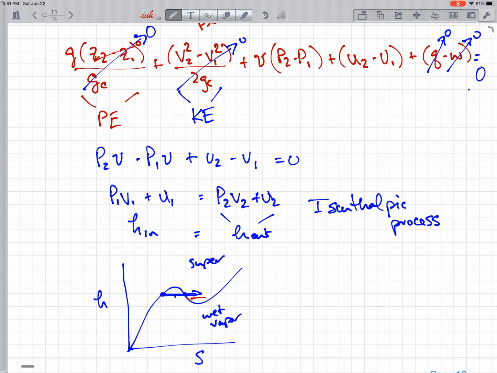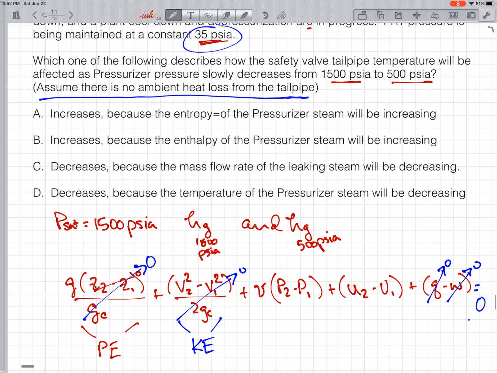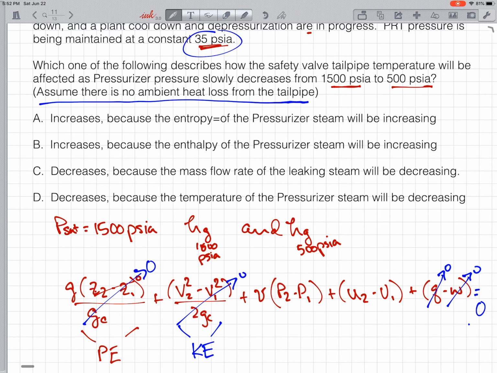So let's see, how do I make that? Regardless, heat went up, you'll be able to see it on your Mollier diagram if you choose to use one. I never use them because they're hard to master when you're under pressure.